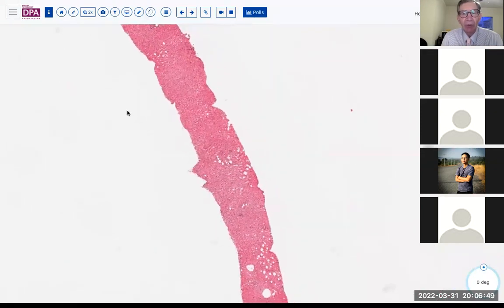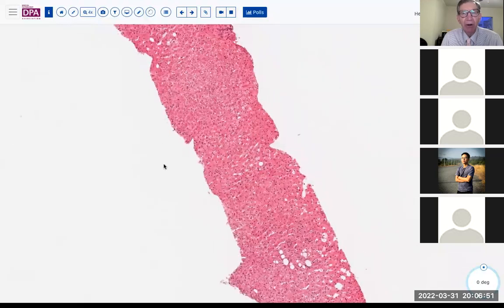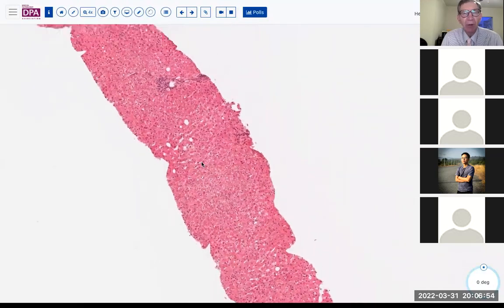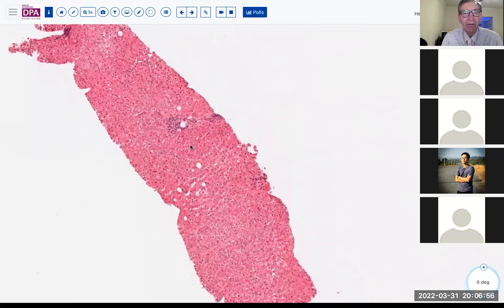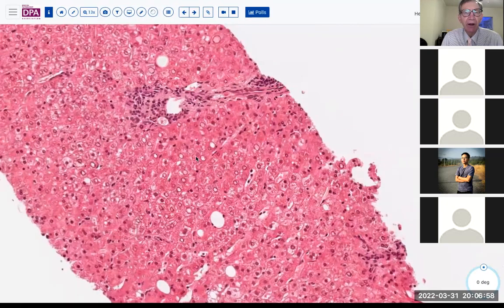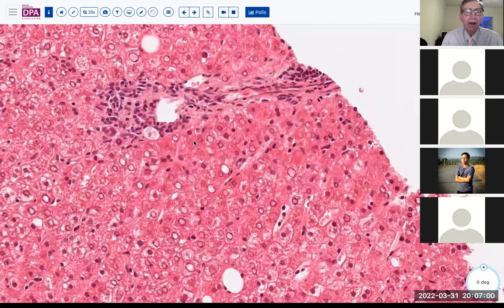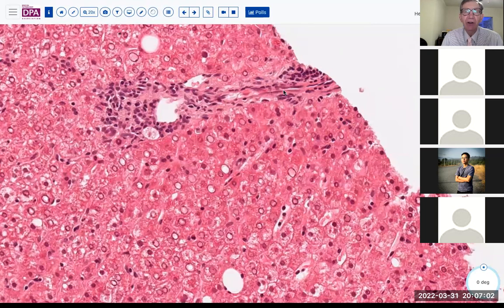As we go from low power to high power, we'll start with looking at the portal triads. So here's one here. And, as we look here, we see there's a vessel. Not quite sure if we've got a corresponding bile duct.